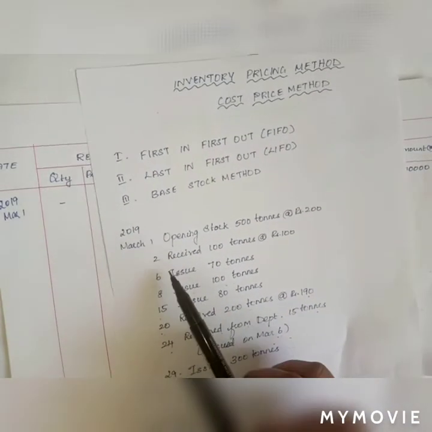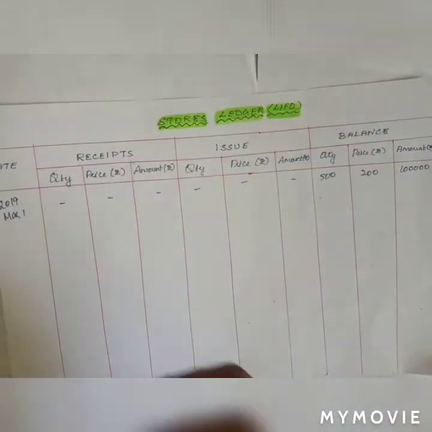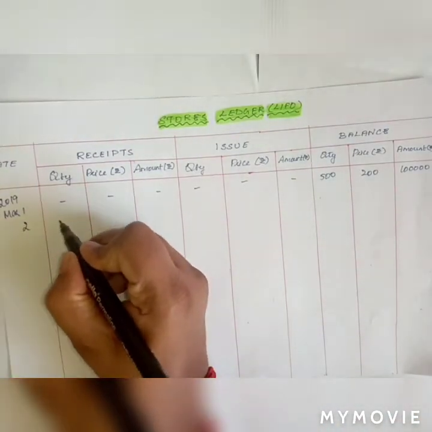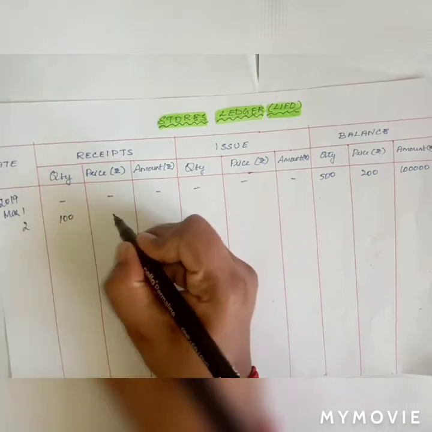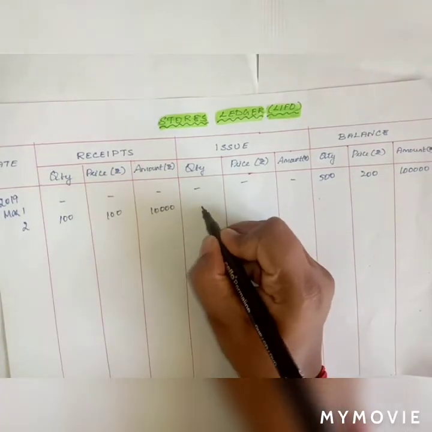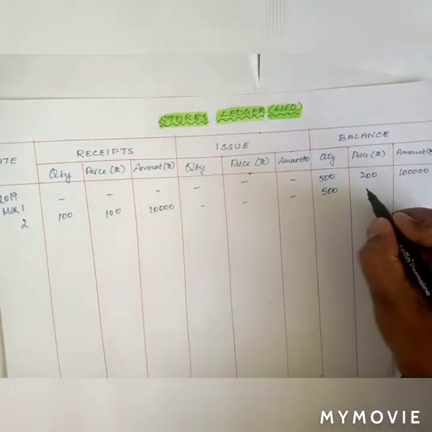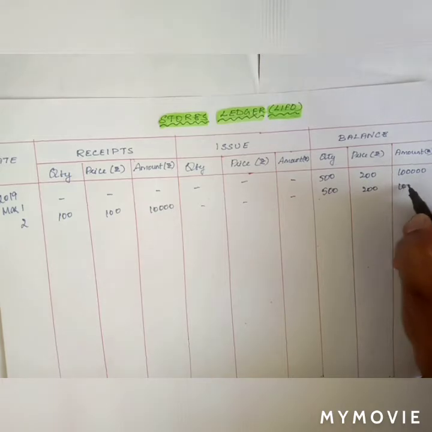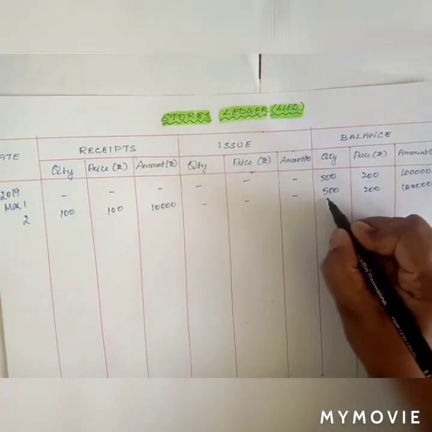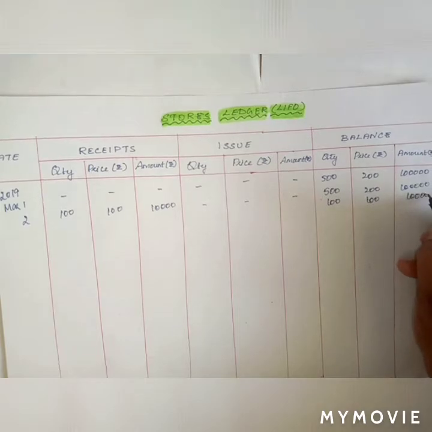On 2nd you have received 100 tons at 100 rupees each. Therefore, already we have 500 tons of 1 lakh, and now we have 100 tons at 100 rupees.